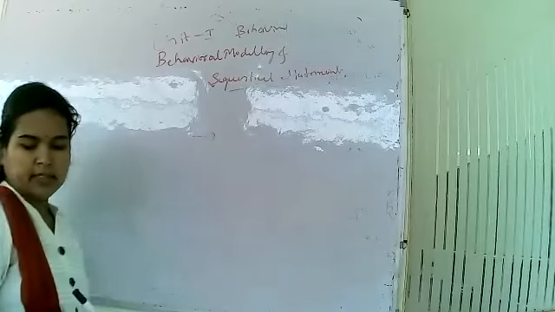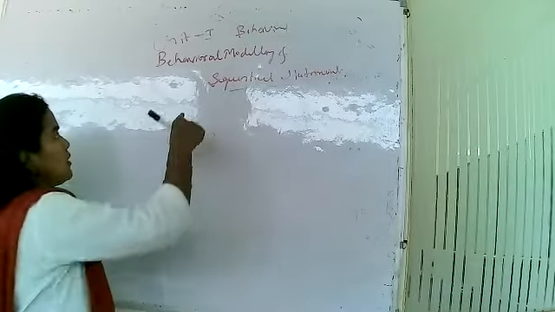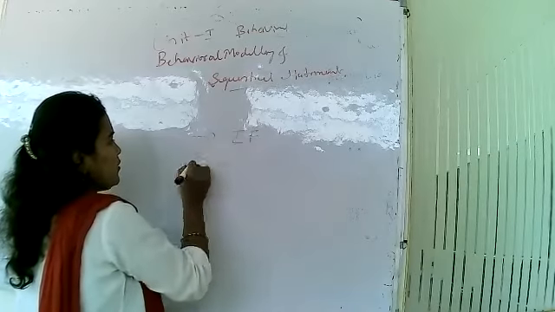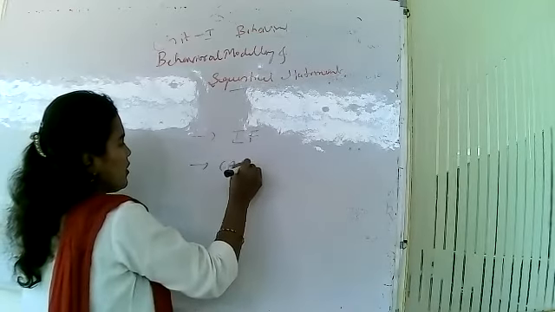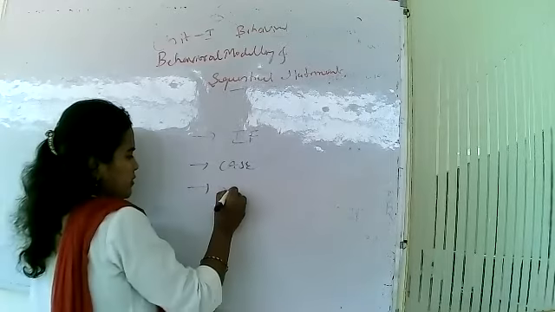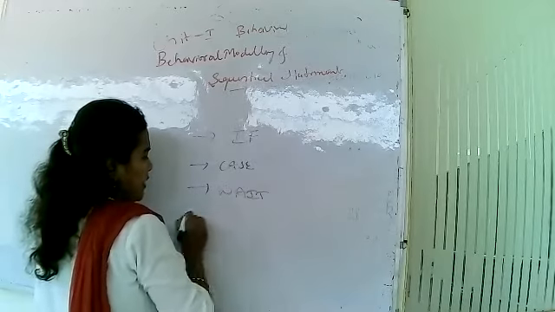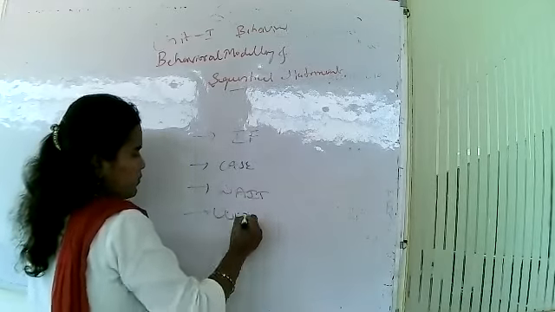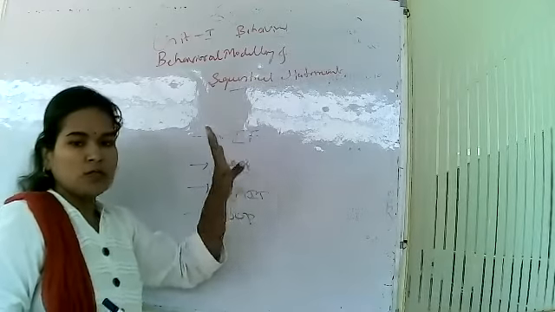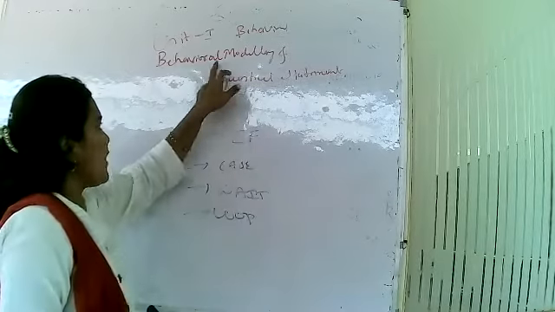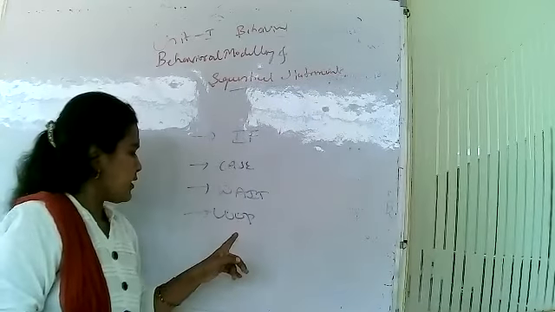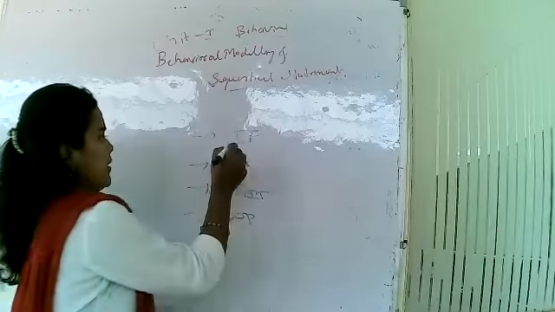There are four statements in behavioral modeling. The first one is if, case, wait, and loop. These are the four statements in behavioral modeling: if, case, wait, and loop.